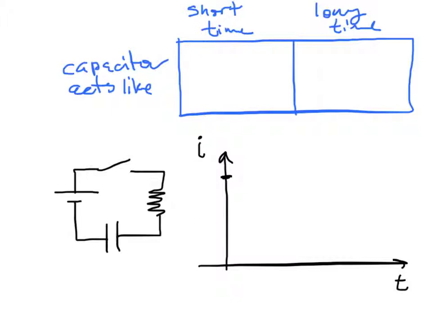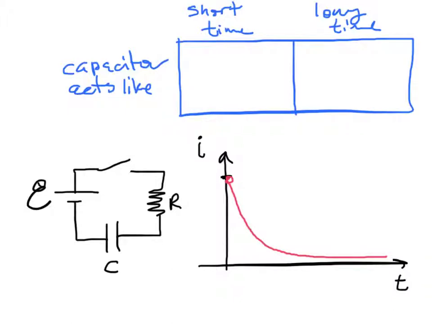It's useful also to think about one big overview aspect of capacitors, just generally how they act. Let's think about the current here. We know that the current starts out flowing, and then as the capacitor charges up, and if you don't believe this, you can go back and work this out by what the voltage is over the resistor, because you know that the current is going to be the voltage over the resistor divided by the resistance.